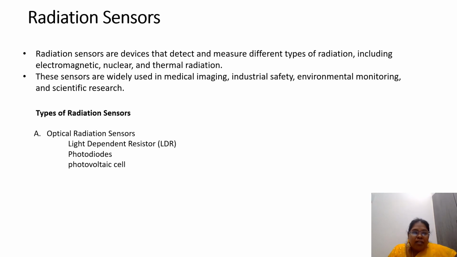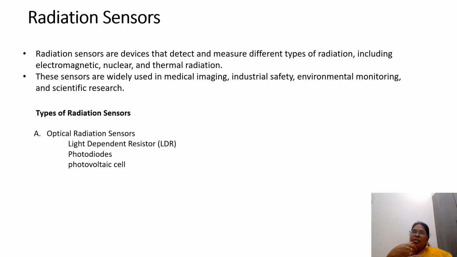So next comes the radiation sensor. So far we have seen all the thermal sensors. Now we switch over to the radiation sensor. As you can understand from the name, it deals with radiation.